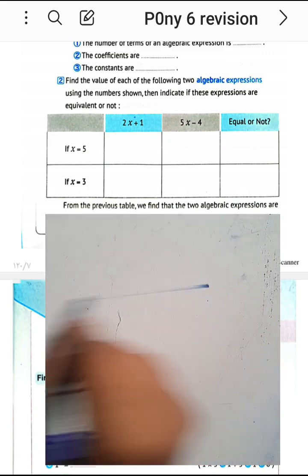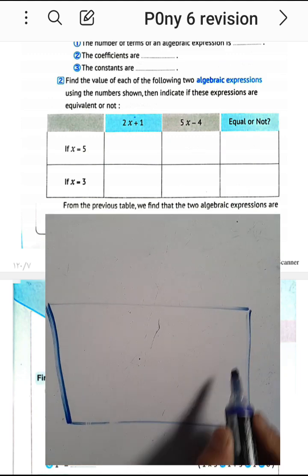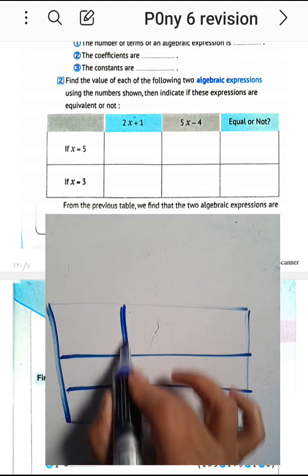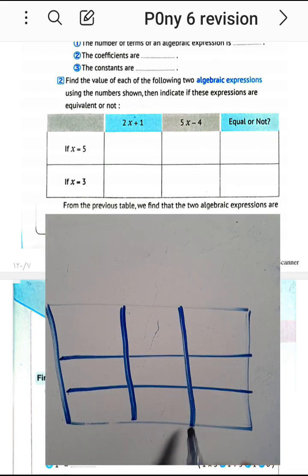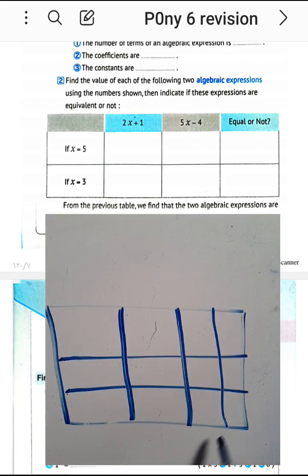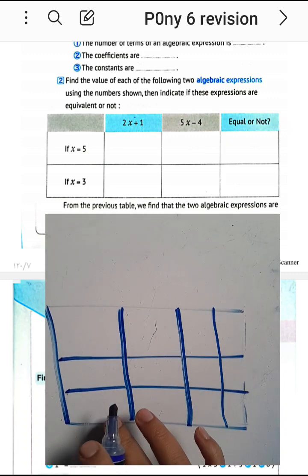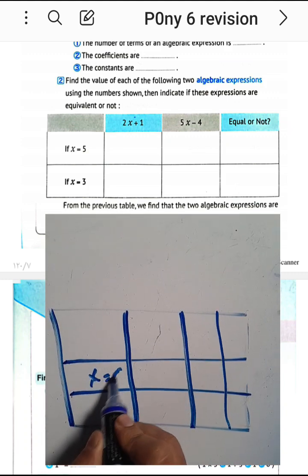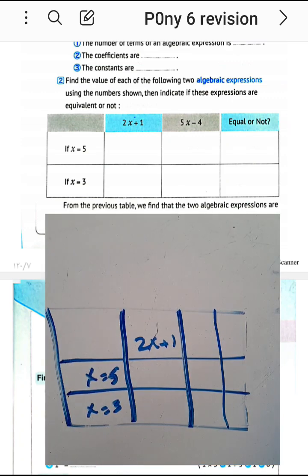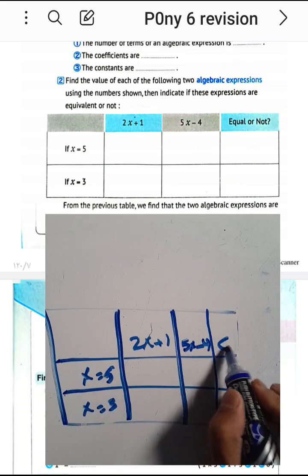First expression, if x equals 5 and x equals 3, we have 2x plus 1, and here 5x minus 4, equal or not equal.